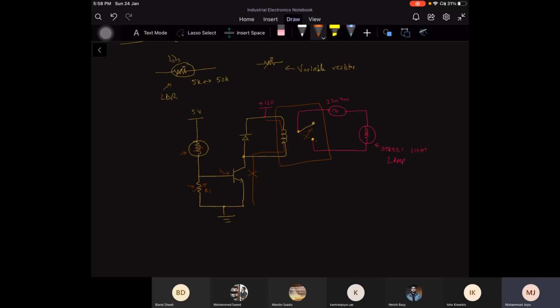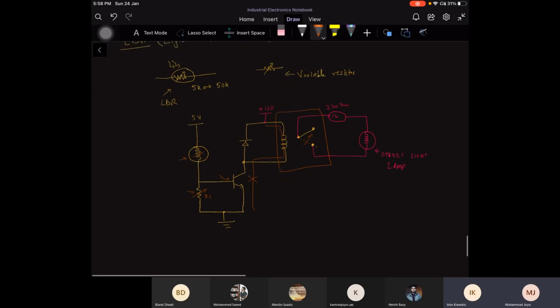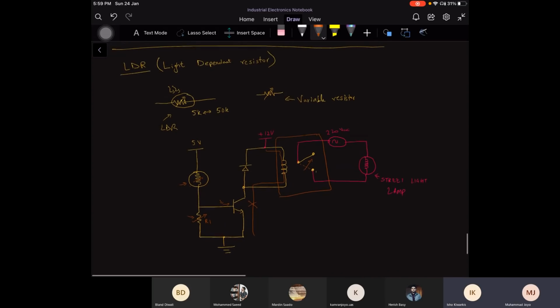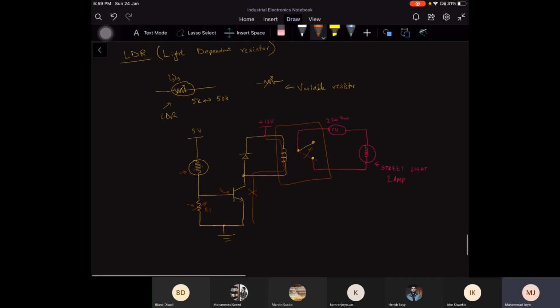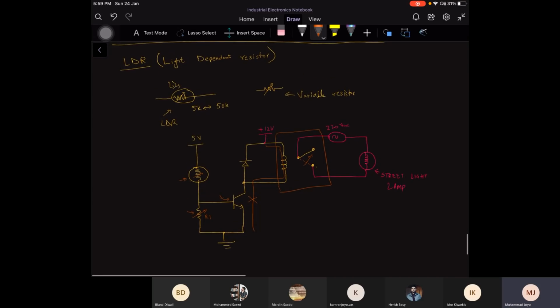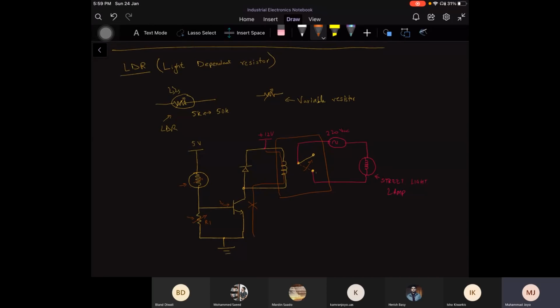So I hope you understand the concept of using LDR, and this is one of the scenarios that you can actually test in your labs as well, if an LDR is available in your lab. One more thing, if you are testing this circuit, do not forget this diode.